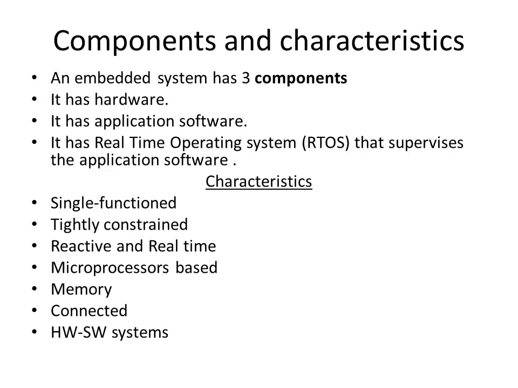Next, components and characteristics of embedded systems. Actually, an embedded system has three components. It has hardware, it has application software, and it has a real-time operating system or RTOS that supervises the application software. This is a very important point.